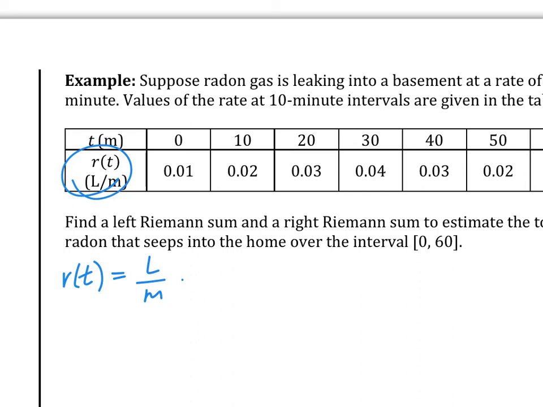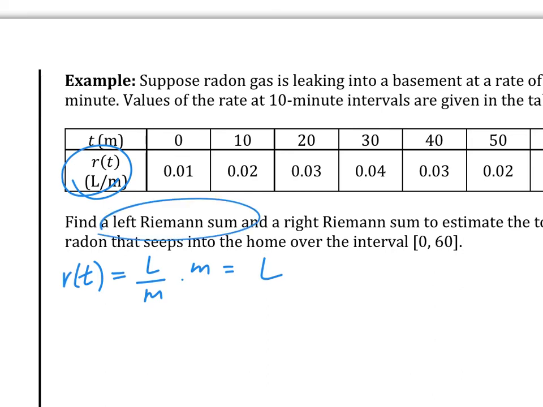If I multiply this by time, time is in minutes. So this is liters per minute. If I multiply by minutes, you get liters. So when they're asking you how much radon is leaked, you take the rate, multiply by time. Rate multiplied by time is the area, which is going to be the amount.